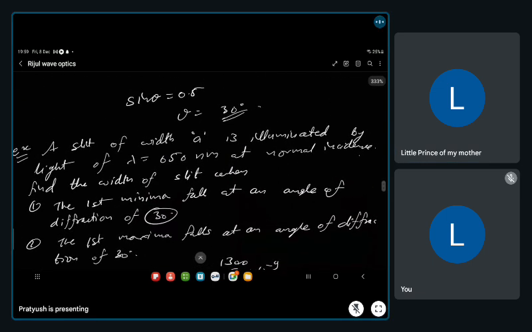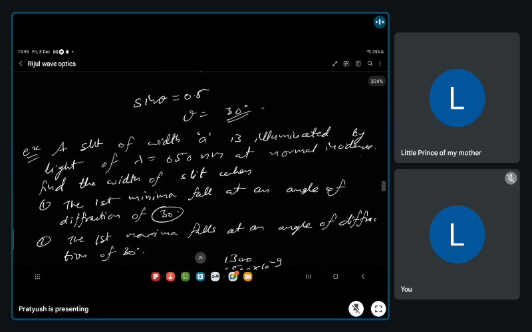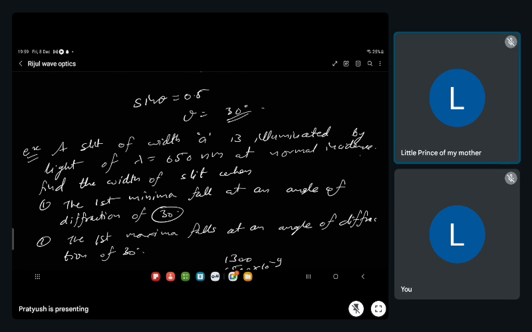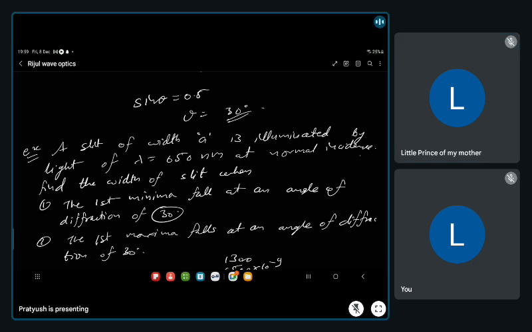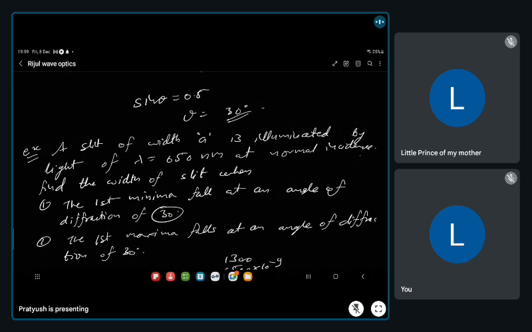Now see this question. Good question. A slit of width A is illuminated by light of the wavelength given here at normal incidence. Find the width of the slit when the first minima falls at the angle of diffraction of 30 degrees. The position of the first minima is given. In fact, the first minima falls at an angle of diffraction of 30 degrees. First maxima falls and first minima falls, there is a difference.